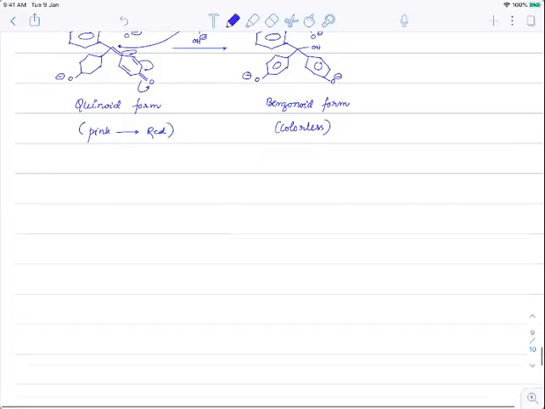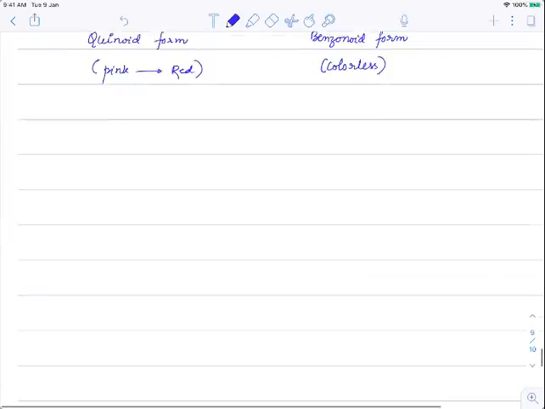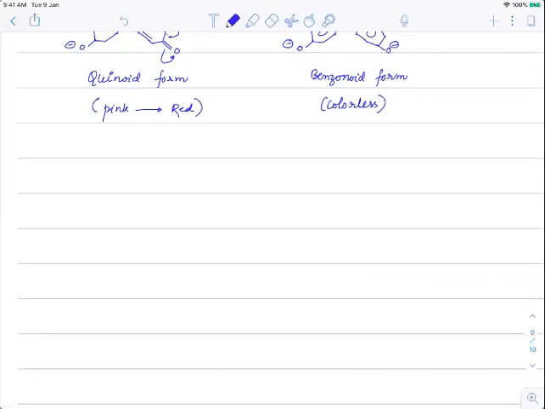Okay. See the next reaction now. This was reaction 4. How the reaction happened and formation of phenolphthalein took place. The fifth reaction is about Lederer Manasse. Okay, so this is Lederer Manasse reaction.